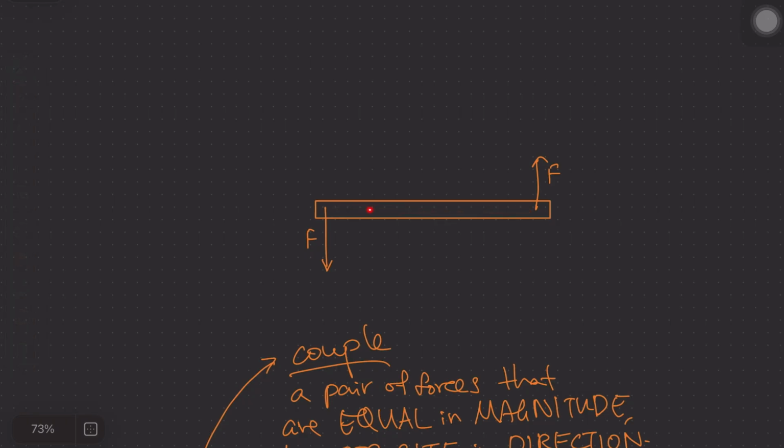I can take moment here, here, or here. I would see that the total torque given is moment equal to total distance times force, where we are referring to this as our total distance. So this is a special relationship that couples have.